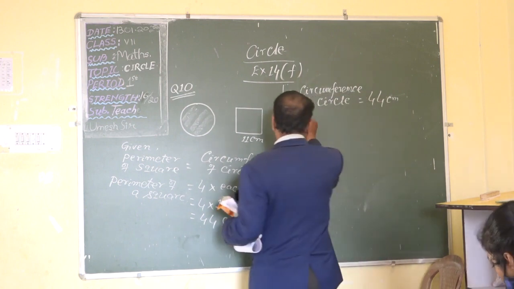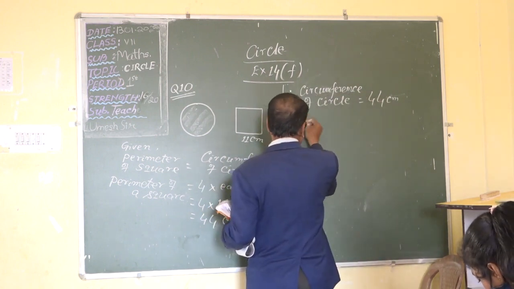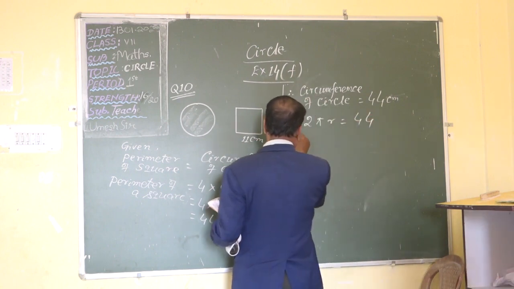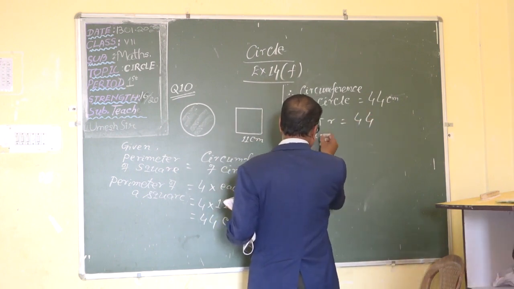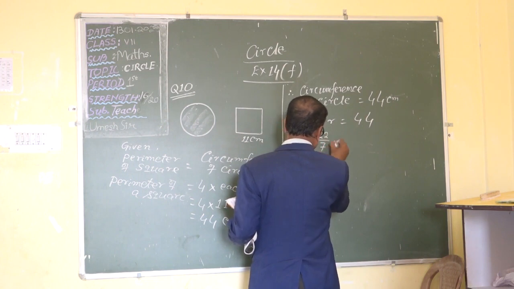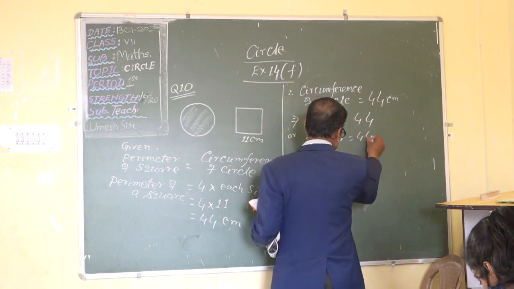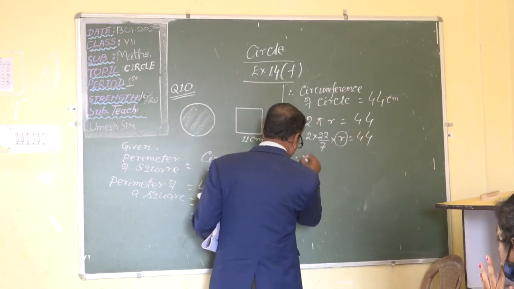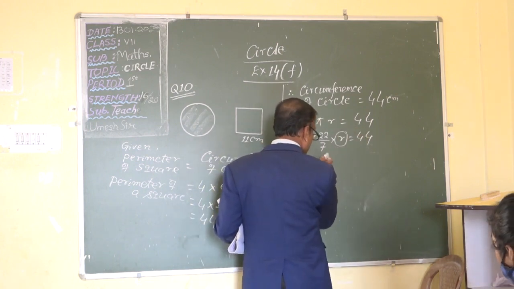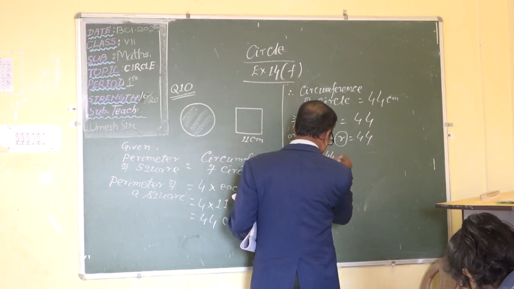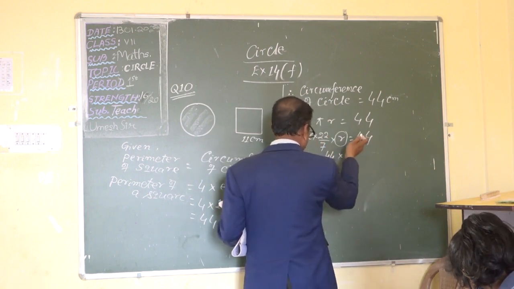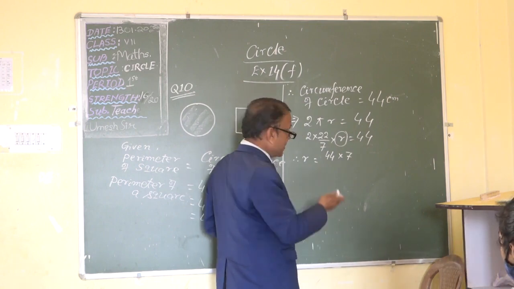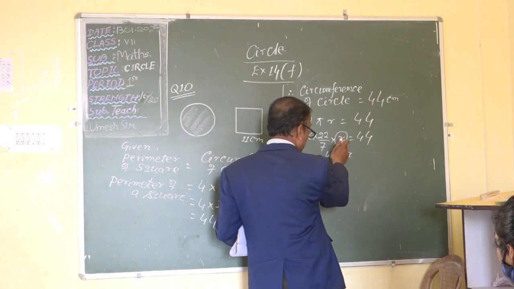Good boy, good girl. So that implies 2 pi r is equal to 44. Or 2 into pi, which is 22 by 7, into r is equal to 44. So first you will find r. Therefore r is equal to 44 into 7 divided by 2 into 22.